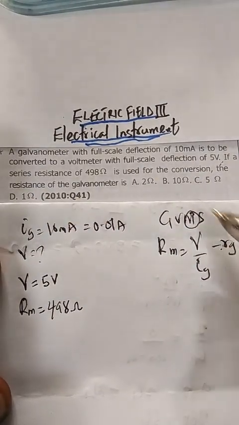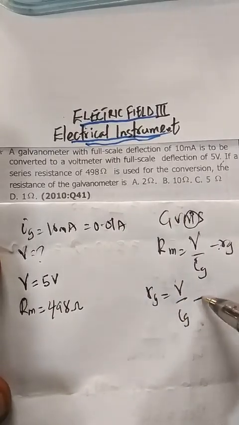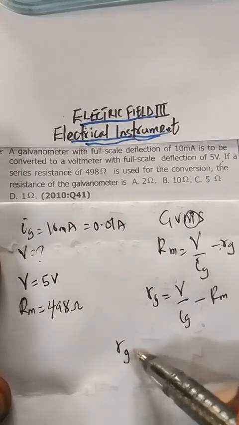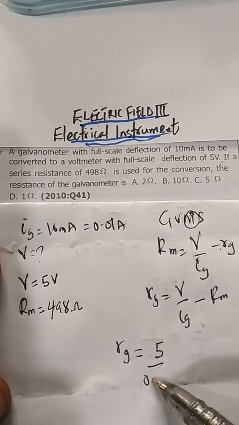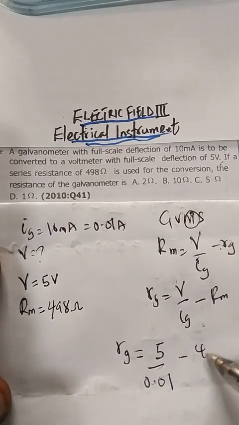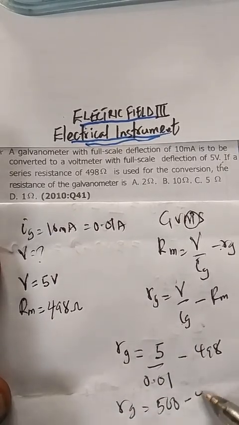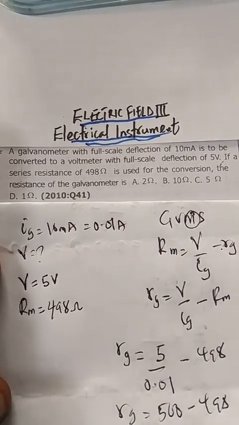Let's bring this minus Rg here. So it means Rg equals V over Ig minus Rm. Just swap. So from here, Rg equals V is 5, Ig is 0.01, Rm is 498. So our Rg becomes 500 minus 498, so our Rg becomes 2 ohms.